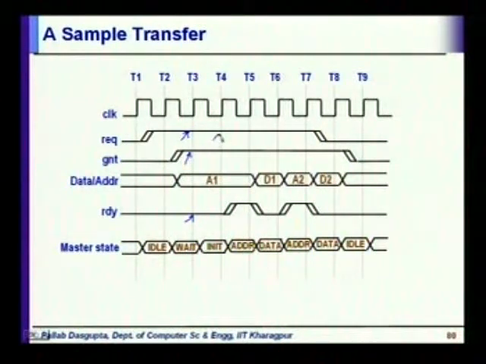Again look here, request is high, grant is high, ready is not yet high, so we must still hold the address. Now look what happens here: request is high, grant is high, but ready is also high. So now that ready is high, we can take the address out. Clear? In the next cycle you see the address has been taken away.